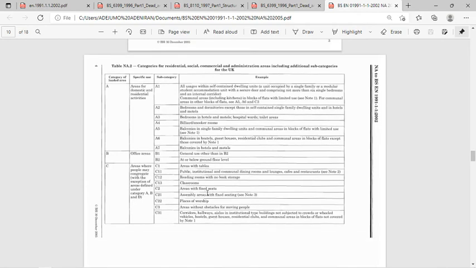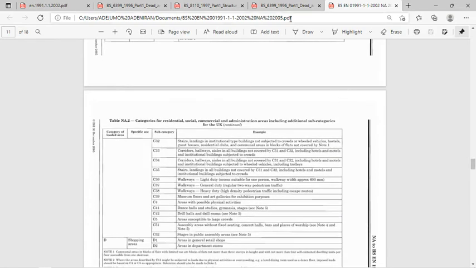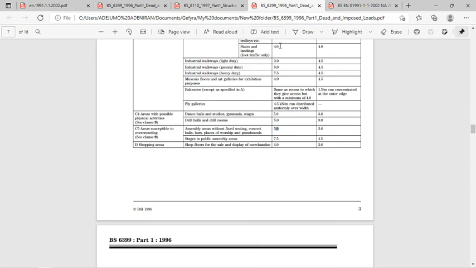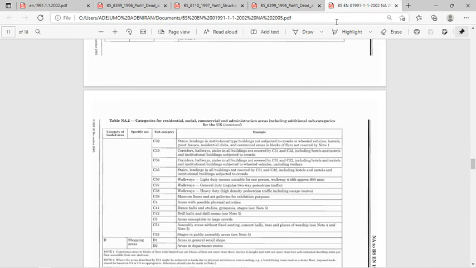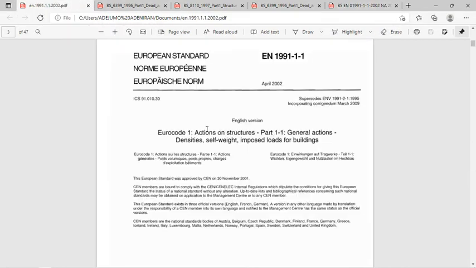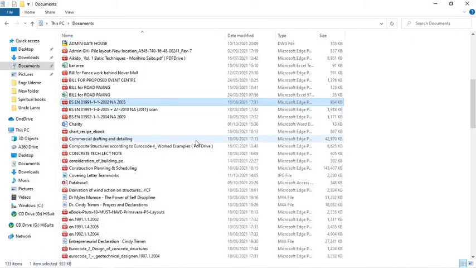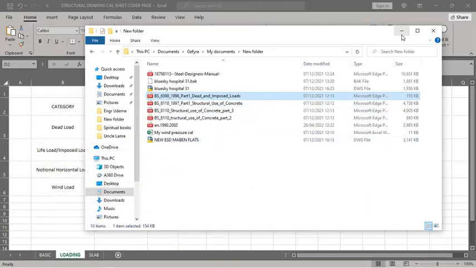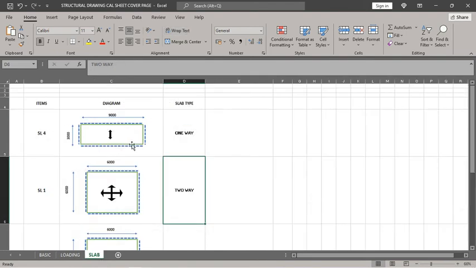You can get that value here. This is the BS 6399, and this is the UK national annex to the Eurocode, and this is the Eurocode. All these codes are available for download if you check online. So that's how I got the imposed floor load from the code, and this is the load we'll be using when we want to calculate this slab.